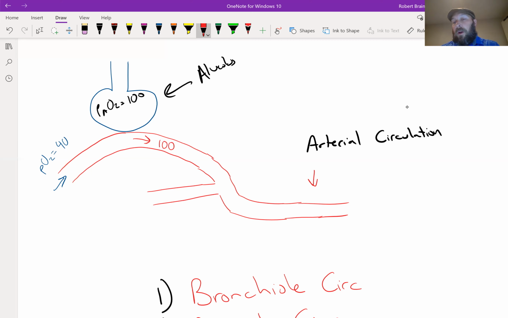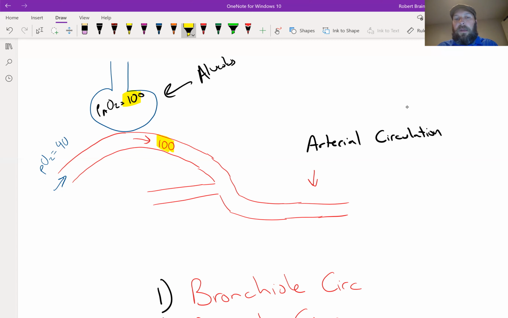Okay, so now here's where a right to left shunt comes in. If we actually look at the arterial circulation, the circulation that's in the aorta, say for example, the PO2 in the aorta is actually lower than the PO2 in both the alveoli and the blood leaving the pulmonary capillaries. So there's a drop in PO2. It's not because oxygen has diffused out into the systemic tissues.